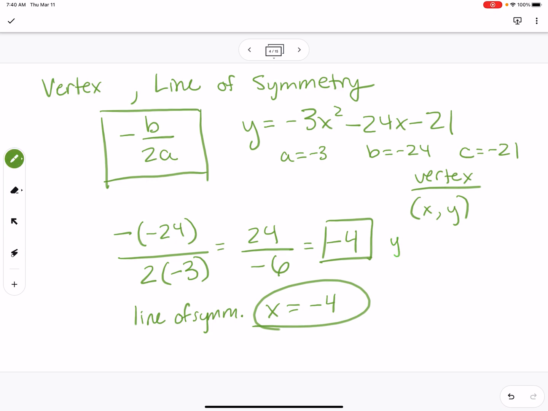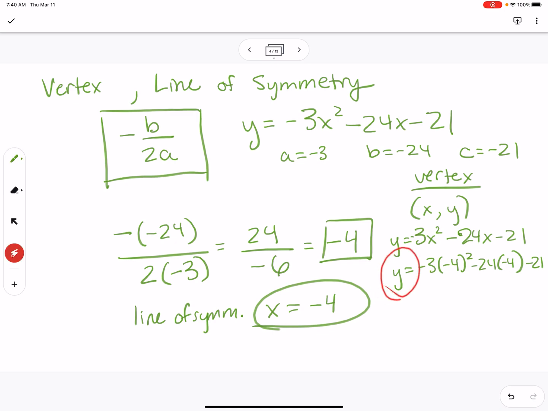So I'm going to rewrite this down here. Negative 3x squared minus 24x minus 21. And now I'm going to write this equation and fill in that x value. And now we're just to the simplifying process. So ignore this. That's going to just tell us what y equals at the end.